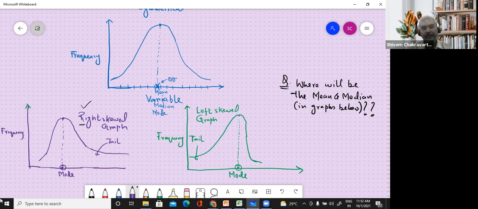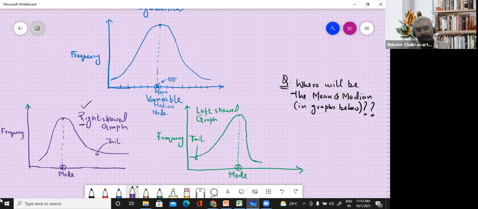See, the logic is that in this case, fewer data points are on the left of this peak. So the mean, which is like the central data point, will be automatically pushed towards the right, rather than the left side of the mode. Because there are more data points here, and mean represents the majority of the data.